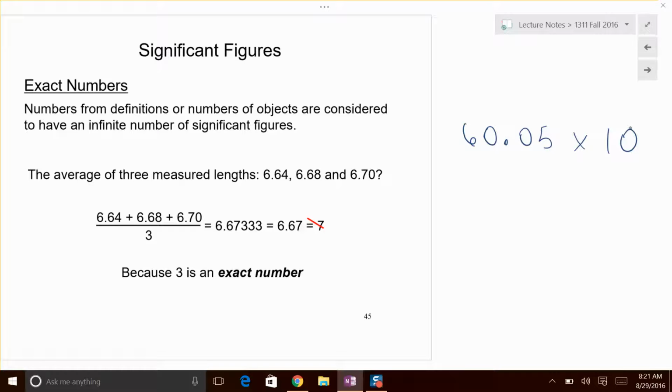Because this 10 has an infinite number of significant digits because it's the number of beakers that I counted. That's an exact number. This one has the uncertainty in it. So this one only has 4 significant digits. This has an infinite number of significant digits.